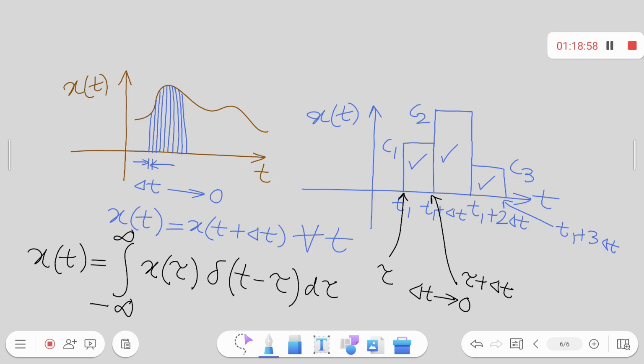So that is a description of any arbitrary signal x of t, by virtue of the shifted impulse function: integral of x of tau delta t minus tau d tau, for all tau ranging from minus to plus infinity. Okay, that is a description of the signal.